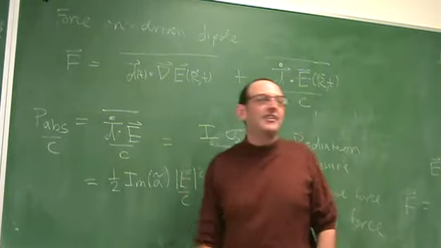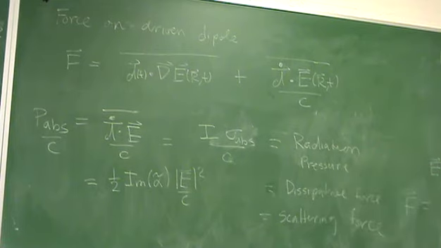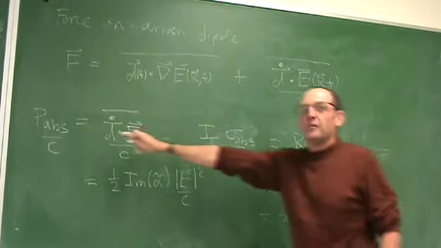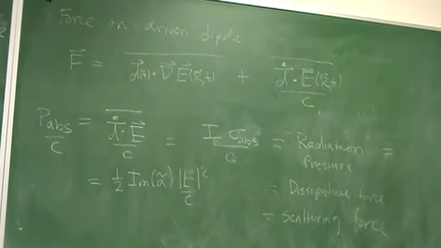So the force being exerted here is due to the scattering of the electromagnetic radiation. In fact, this radiation pressure is given by the power absorbed, which is equal to the power scattered in steady state, once the transients die down.